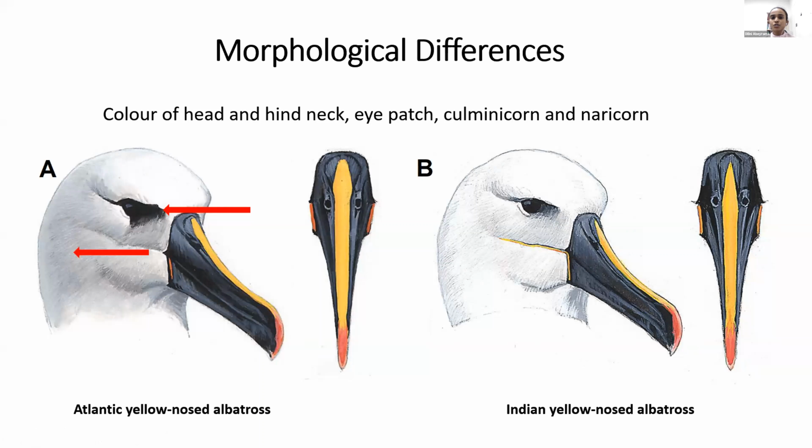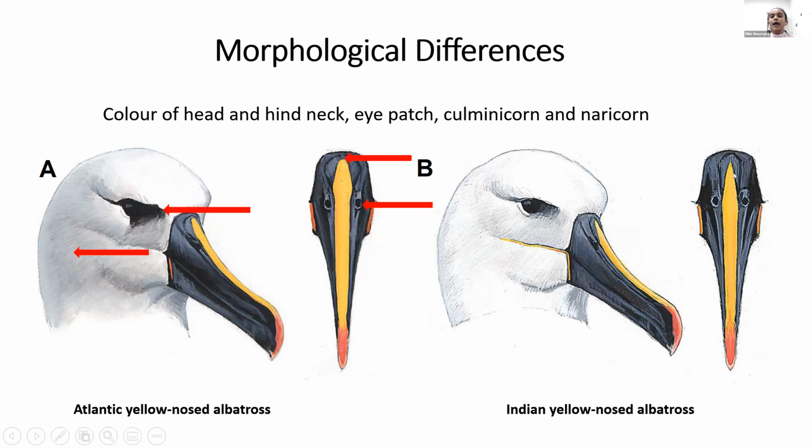But the other two features, the shape of the culminicon, the yellow strip on the bill, and the naricon, the horny segment that covers the nostrils of the bird, can be used to distinguish the juveniles of both species. In the Atlantic yellow-nosed albatross, the base of the culminicon is more rounded, while in the Indian yellow-nosed albatross it is more pointed.